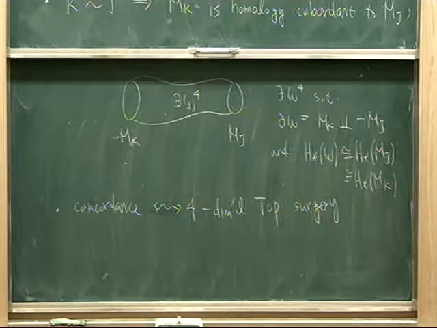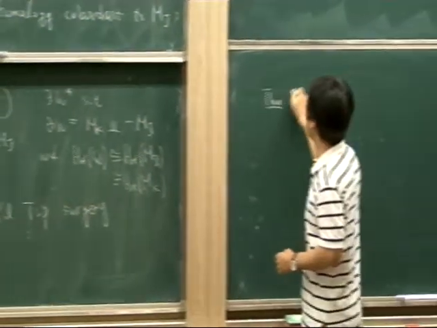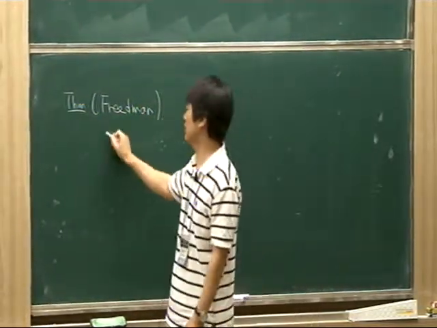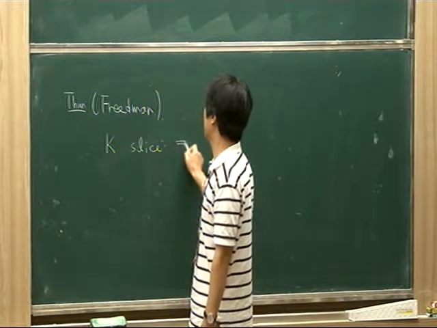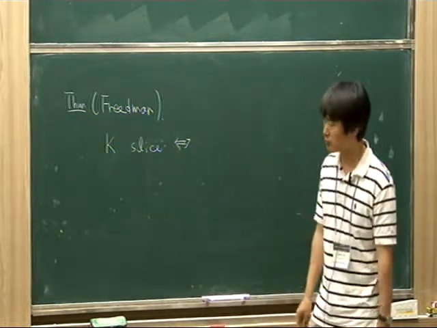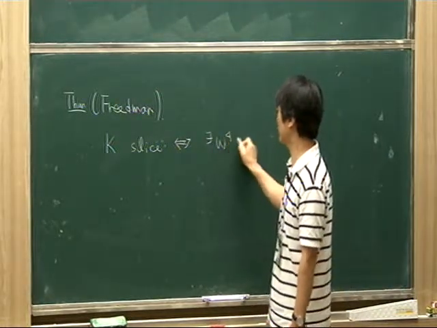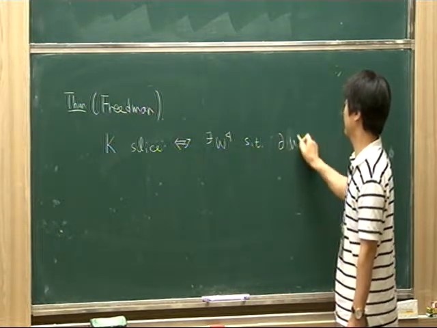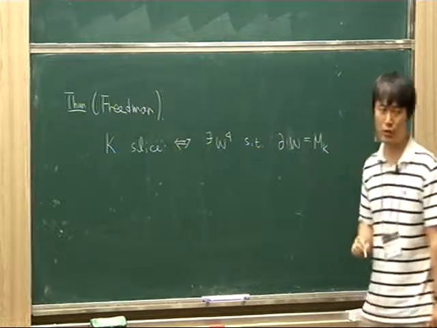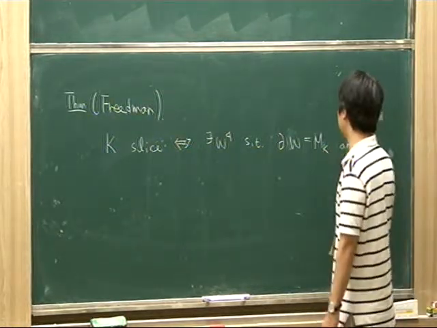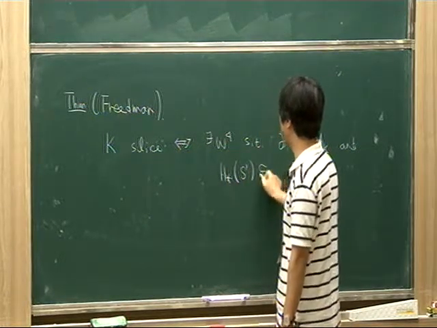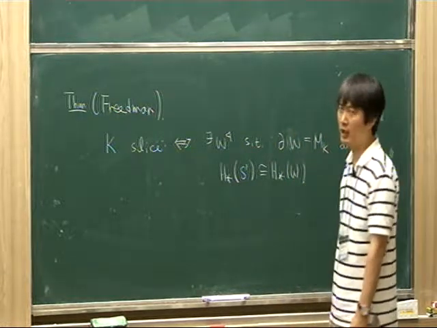Right, so let me mention this theorem by Freedman. It turns out that K is slice if and only if there exists a certain four-manifold W such that its boundary is the zero surgery on the knot, and W is a homology circle.